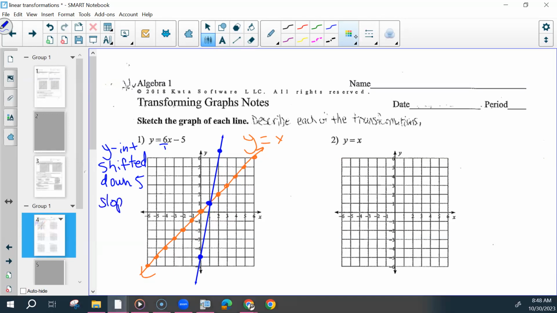Slope is steeper by 6. Or 6 times as steep, either or. Questions on those two descriptions?